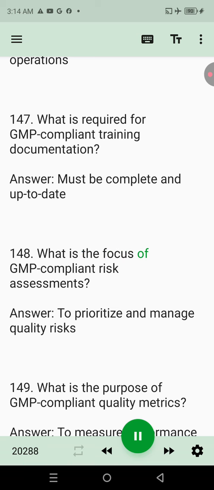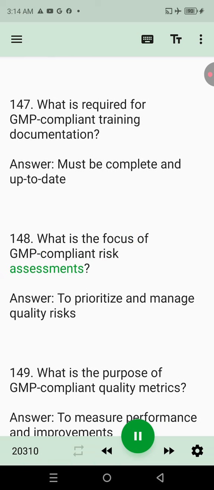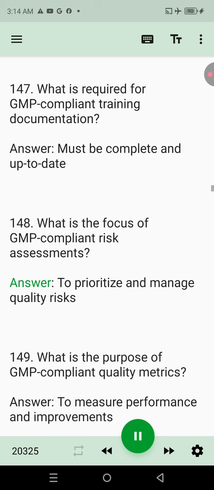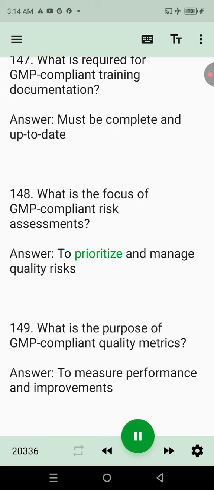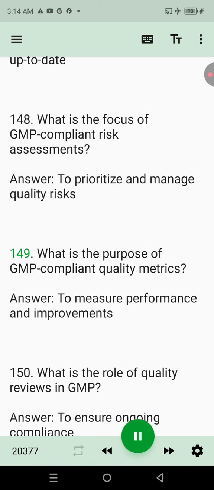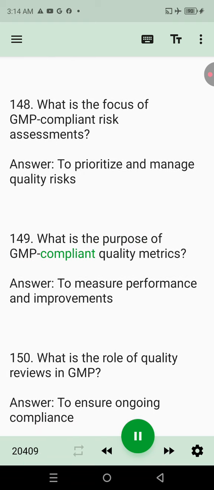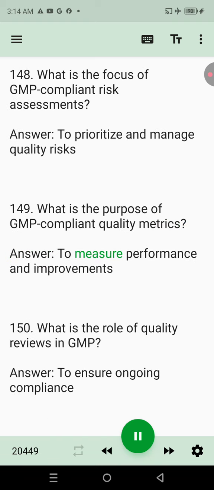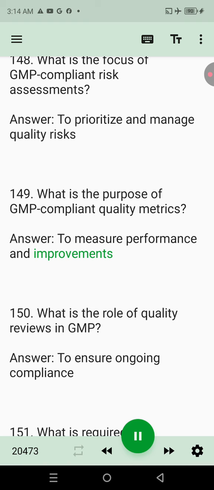What is the focus of GMP compliant risk assessments? Answer: to prioritize and manage quality risks. 149. What is the purpose of GMP compliant quality metrics? Answer: to measure performance and improvements.